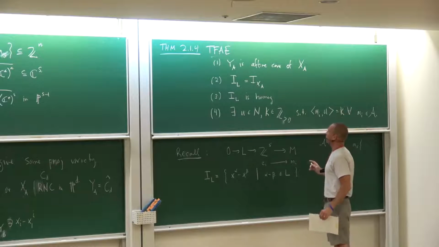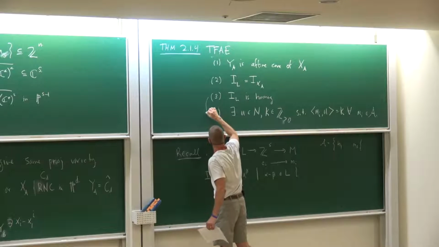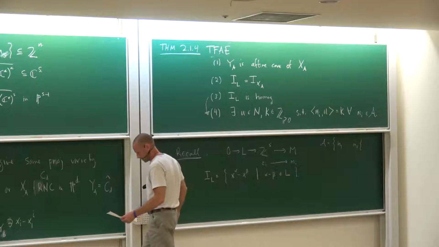So now I'm not going to prove the whole thing, but I'm going to prove the interesting part. The interesting part, or the cute part, I think, of this is 3 implies 4. So let's go over here.